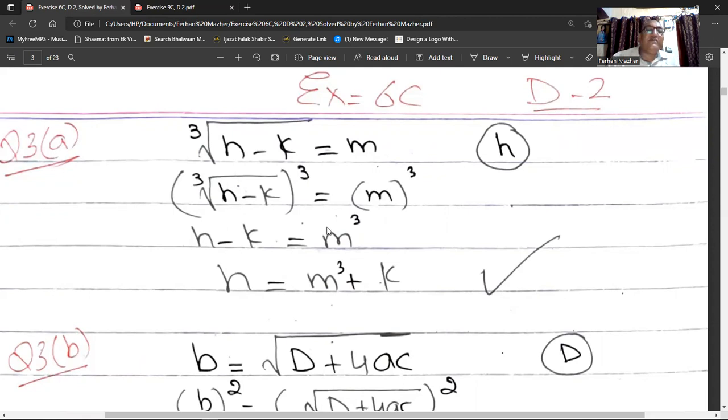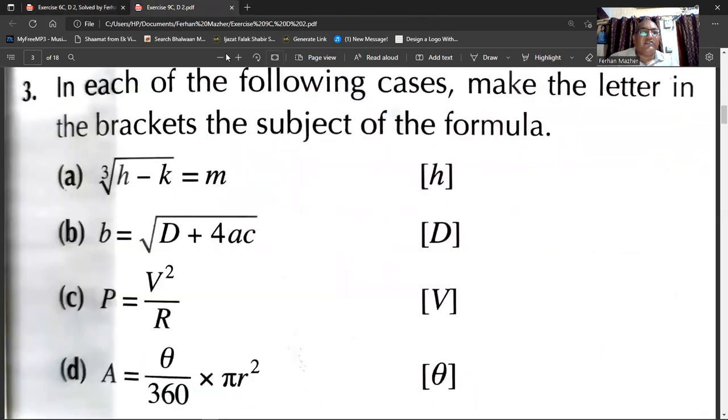So h minus k will be equal to m cube. We have taken cube on both sides. And then h will be equal to, that minus k will go to the other side. So you will have m cube plus k. So that is how you will make h the subject of the formula.